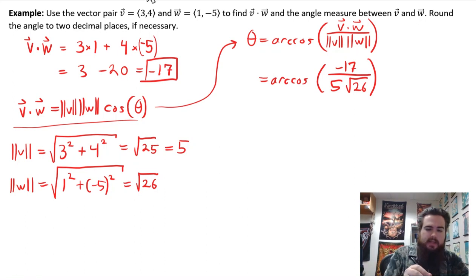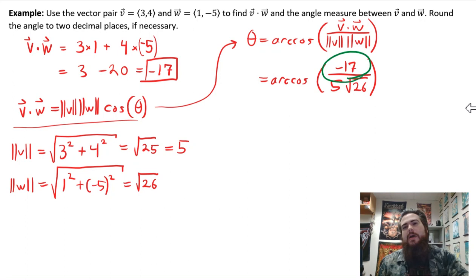Quick note, do pay attention to your dot product here. It came out as a negative, and that is the only thing that could make the inside of this arc cosine function negative. That's relevant because the output for arc cosine is defined from 0 to, in this case, I'll say in degrees, 0 to 180 degrees.